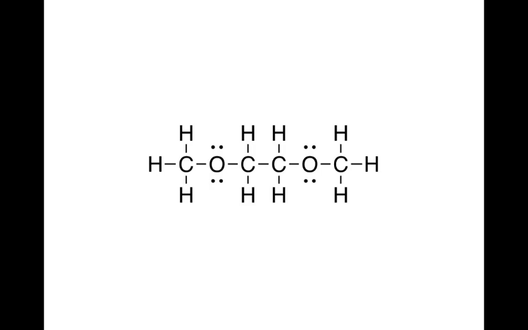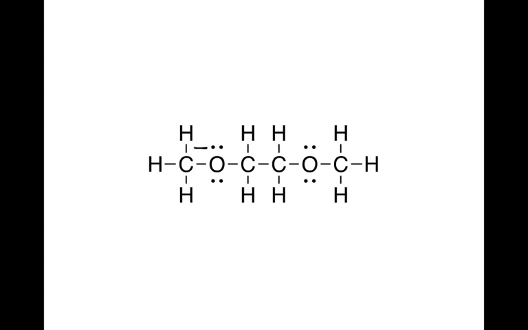In this first example, we see this very long chain molecule with the ether functional group. The first thing we're going to do is determine all the polar covalent bonds. All the polar covalent bonds are here, if you remember from the lecture. Now we can draw the appropriate dipoles resulting from these polar covalent bonds.